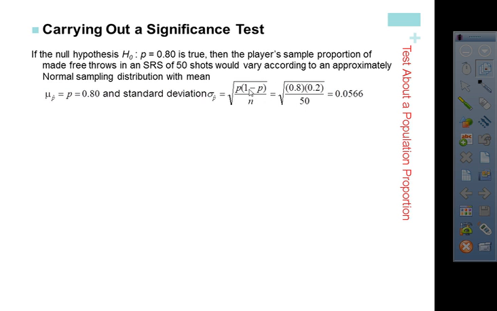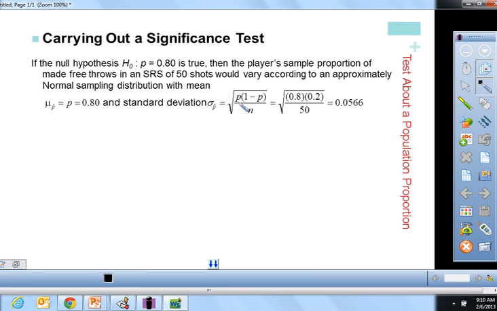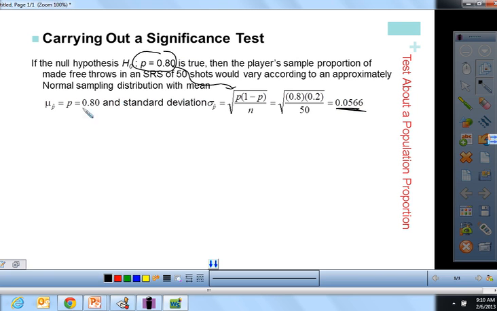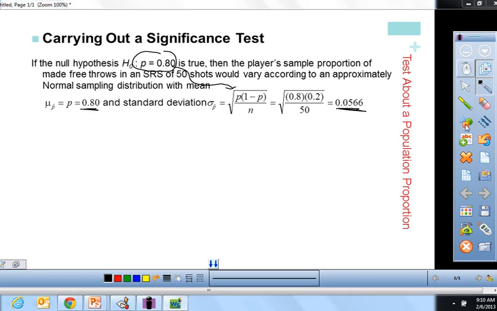Remember that this formula is right off of your green sheet. And notice that they use the proportion from the null to go in here. Notice they used 0.8 and 0.2. They did not use sample proportions. They used the proportions from the null, or from the actual population, what we think it to be. And then here's our standard deviation. So now we have a mean and a standard deviation.